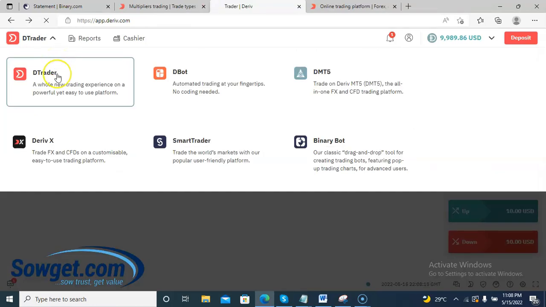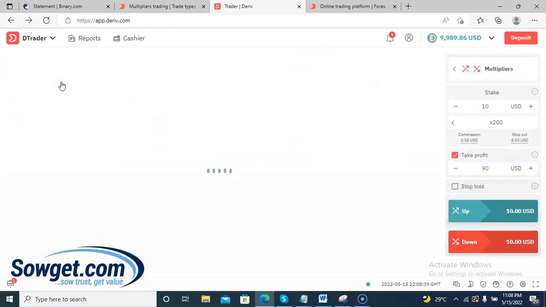Apart from the DTrader, we have the Deriv X, which is a mobile-based platform that you can use to trade on your mobile phone, your mobile devices. All right. So if you want to trade on your PC, logged into your Deriv account, then it is DTrader that by default you'll be using. So that's what I'm using for this tutorial.